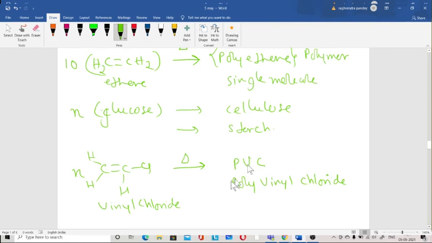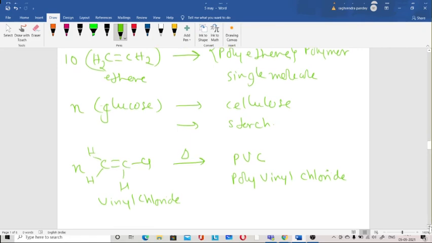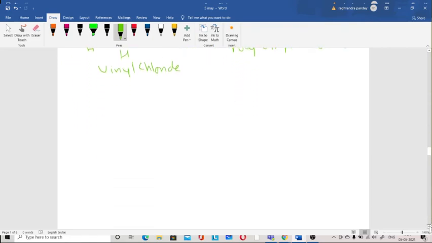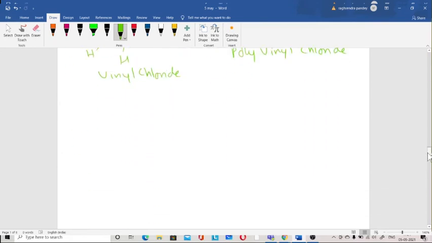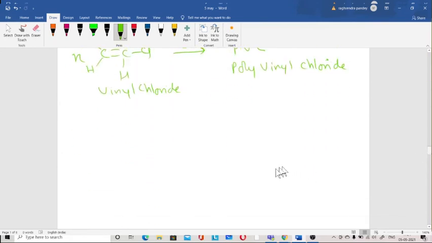This is called association or polymerization. All these polymers are single entities, they are not double entities. Got it.